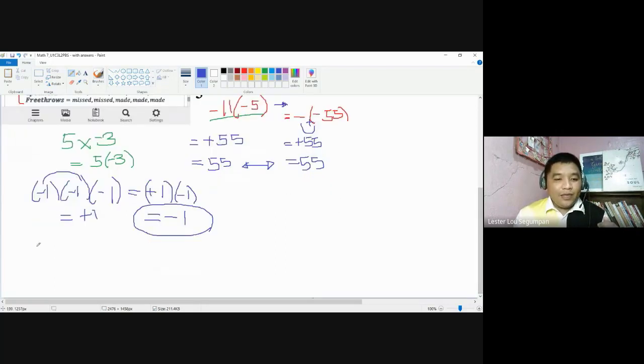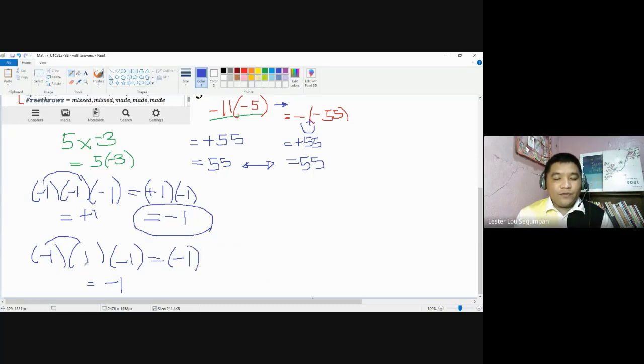Similarly, if you have negative 1 times positive 1 times negative 1, you're multiplying numbers with different signs. Do not say the result is negative 1 because that's the rule. Again, the rule is specific for two terms only. Because if we do this step by step, negative 1 times positive 1, you have negative times positive, so you expect an answer which is negative, 1 times 1, you will have 1.